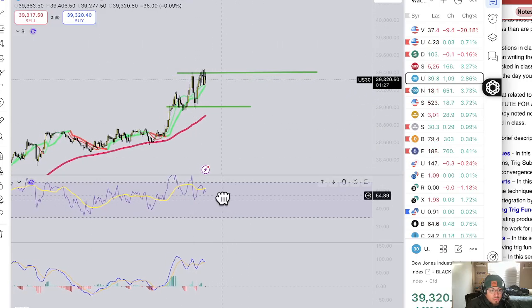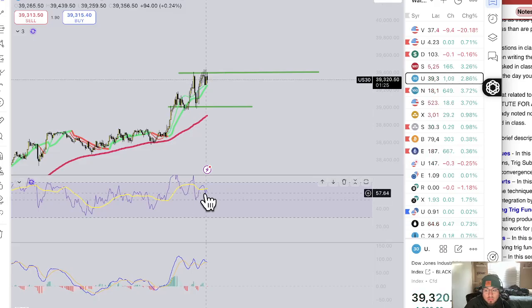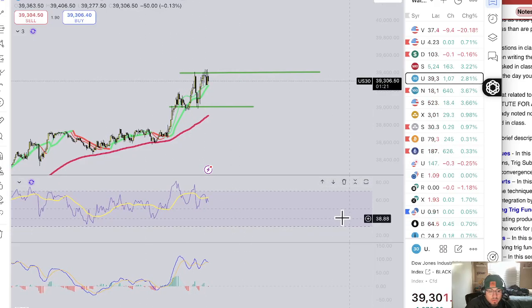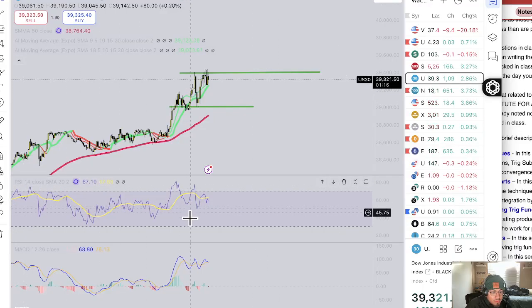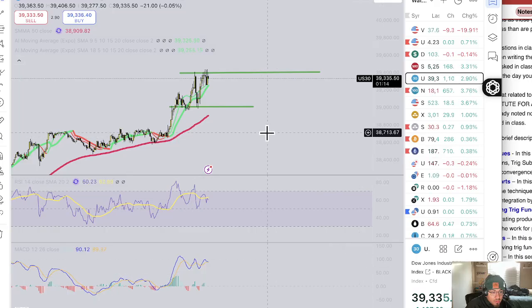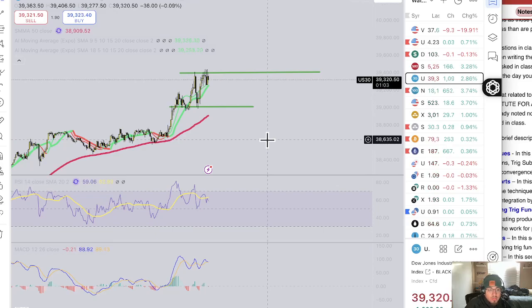Where I'm also looking is at my technical analysis. We have the RSI today that we're looking at. We always look at the RSI. RSI is currently at 60, it's hitting at 60. So that can be a way that we look at where markets are moving.